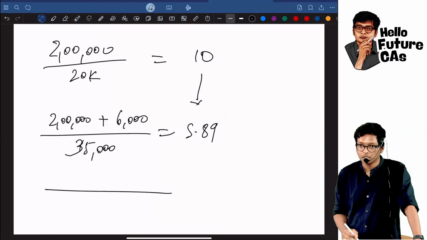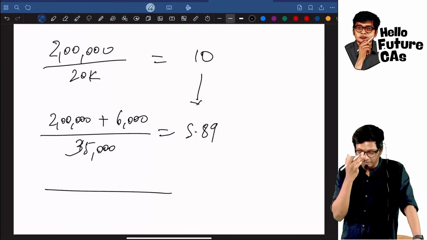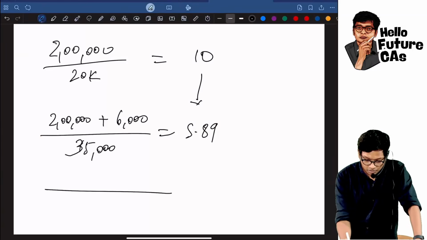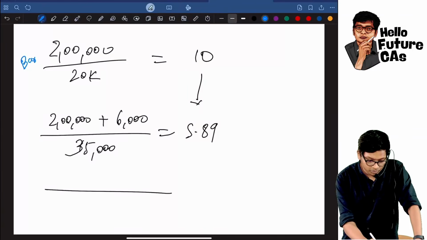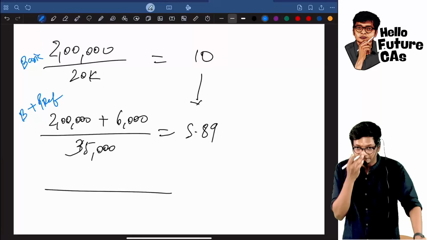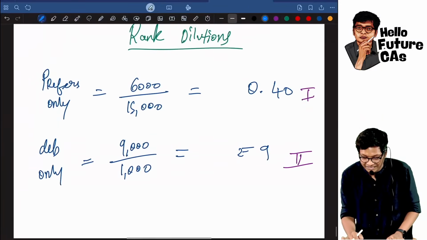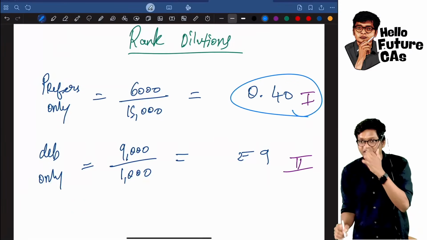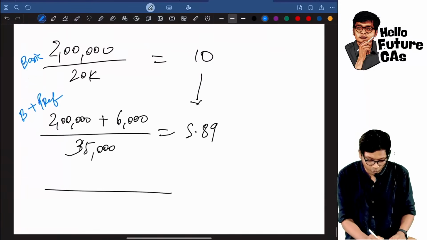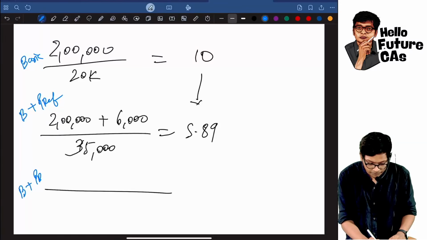Correct. 20 plus 15, 35. This is basic plus preference. Sir, why I am adding preference first? Rank of preference is first rank. Now follow. Now I am going to do basic plus preference plus debentures.